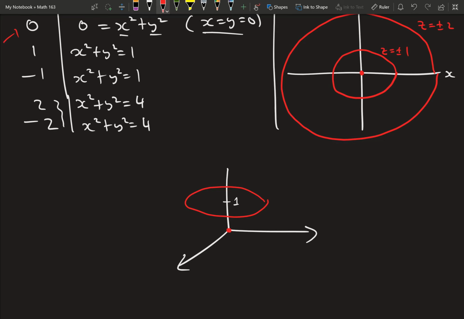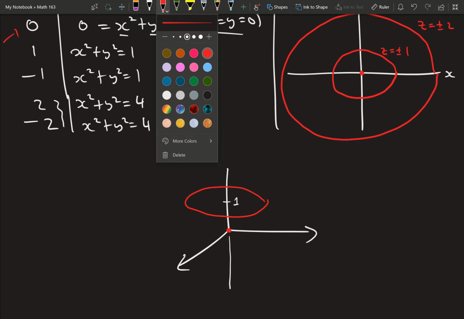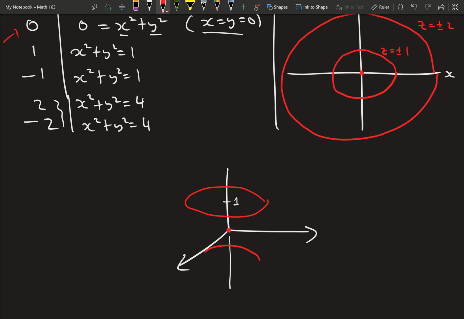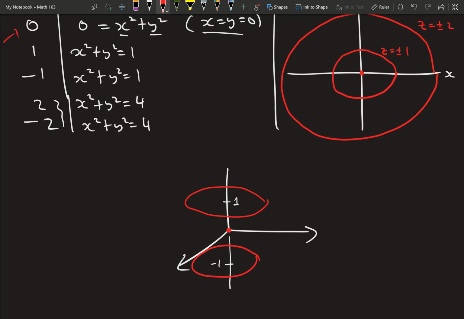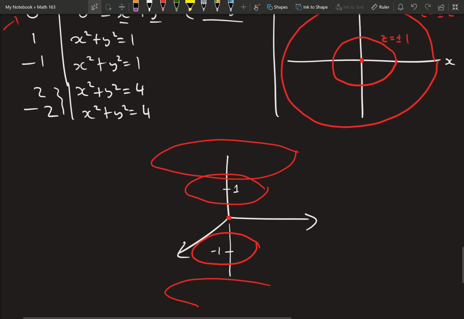Similarly, for z equals minus 1, which is somewhere down here, we also have a circle of radius 1. So we have the same circle at -1. Now we do the same thing at z equals 2. If we go up to 2, we have a larger circle. If we go down to -2, we also have the same larger circle.